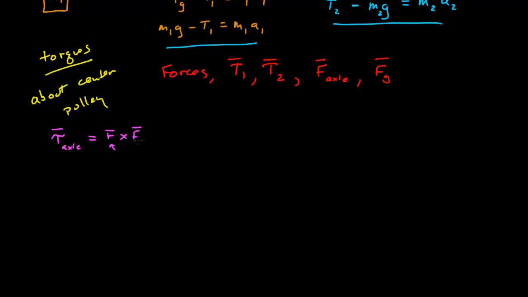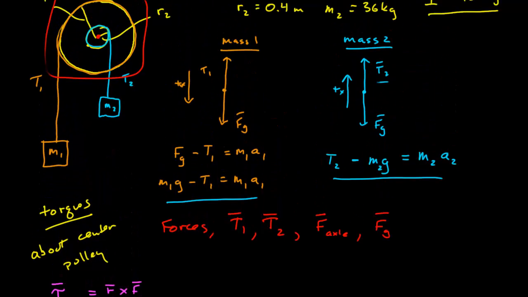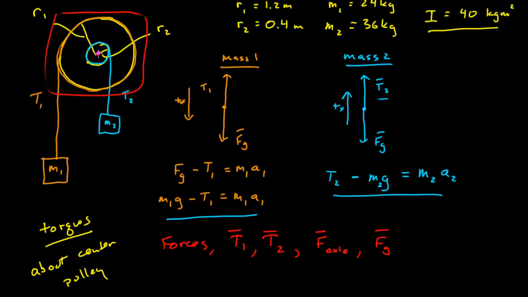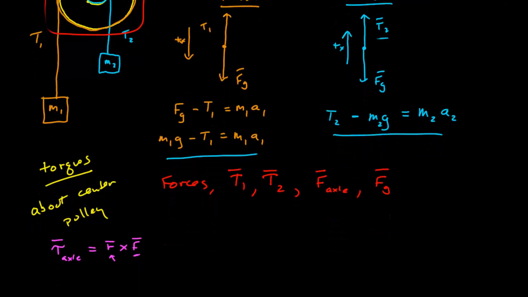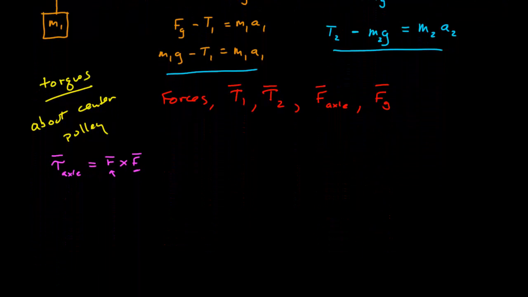But back to the torque due to the axle: the force due to the axle is acting at the point where we're evaluating our torques, right? We're evaluating our torques about the center. That's where the axle is. So that's the point where the axle force acts. So the torque due to the axle is 0.